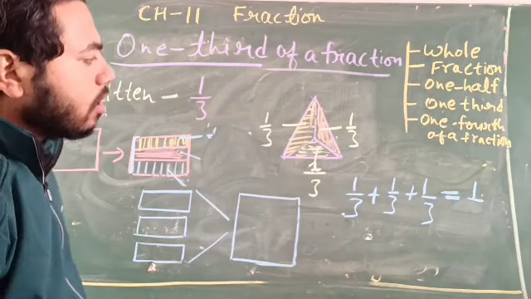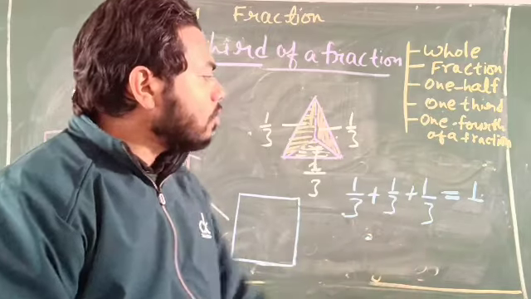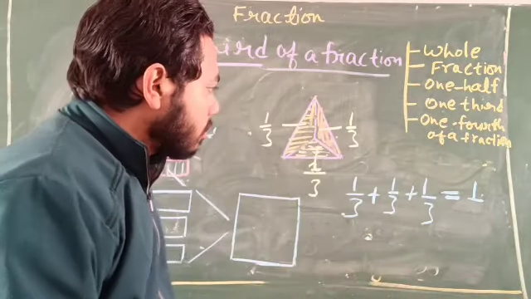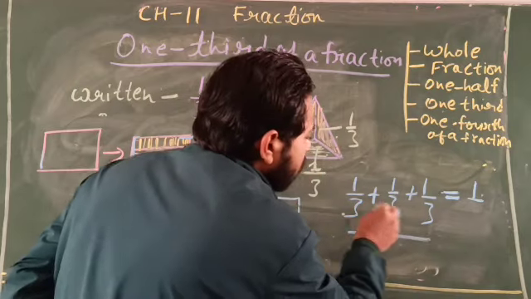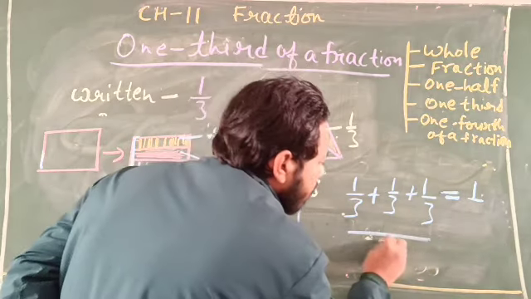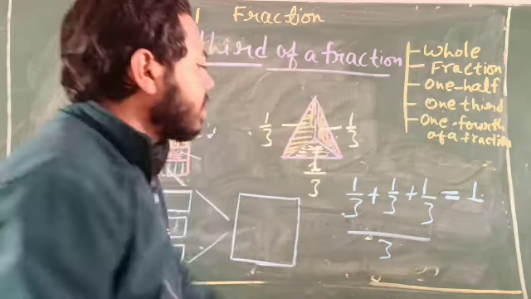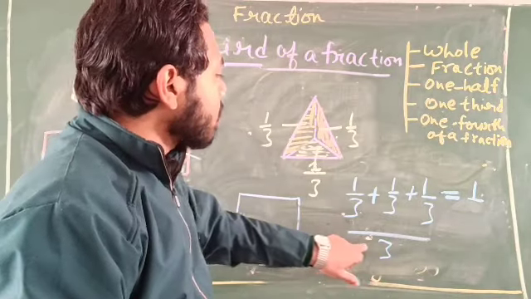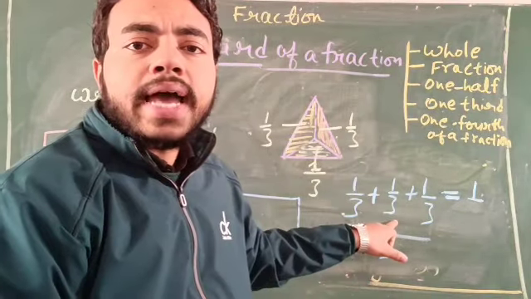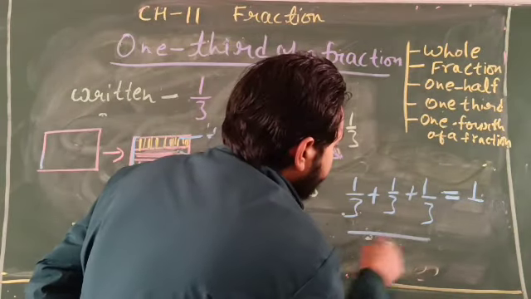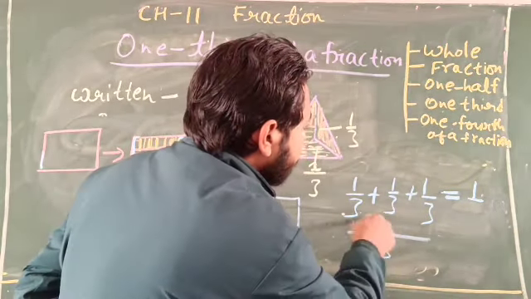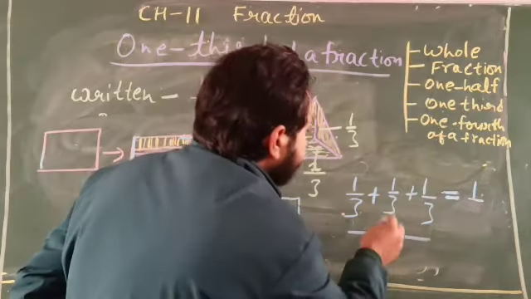Now we will talk about numerically how it becomes 1. As I have told you, when the denominator is the same, you just write the denominator one time, and we add the numerators.